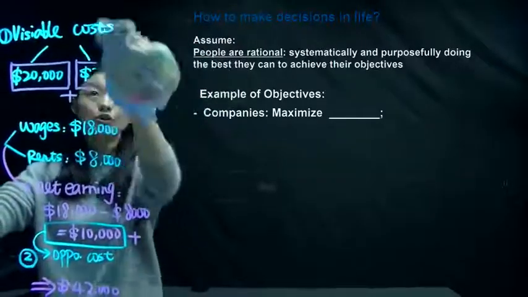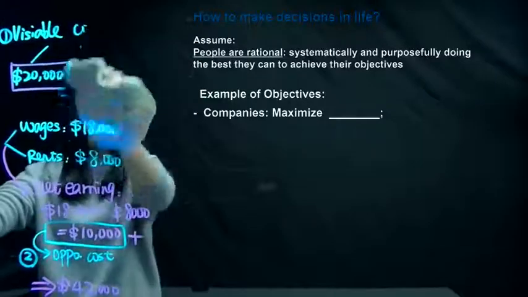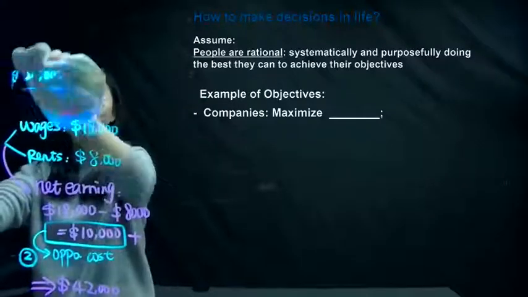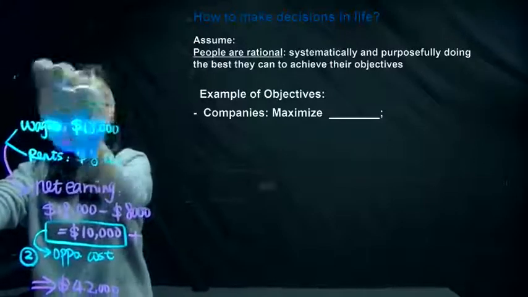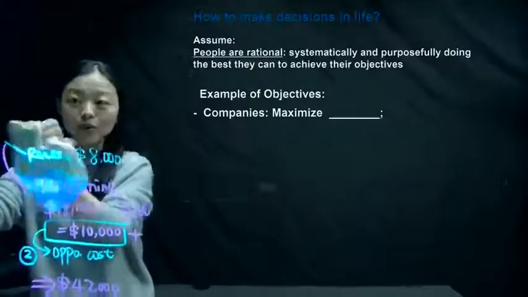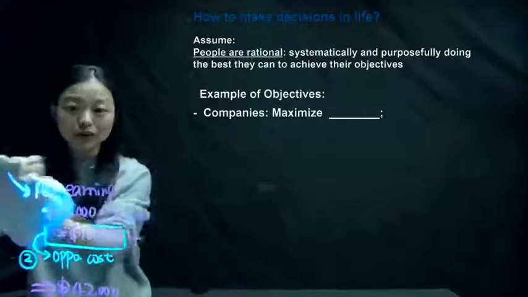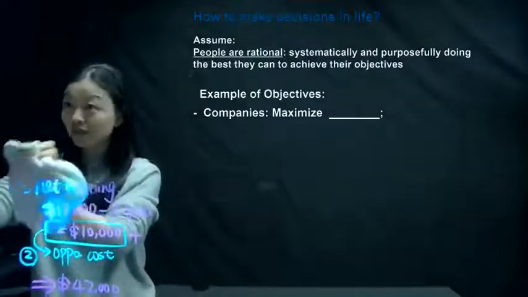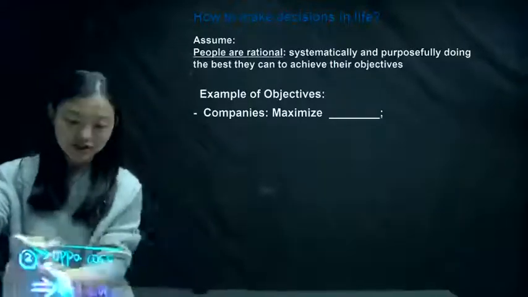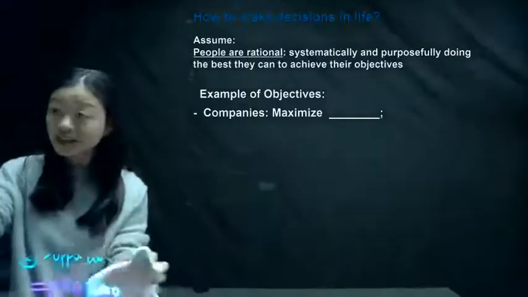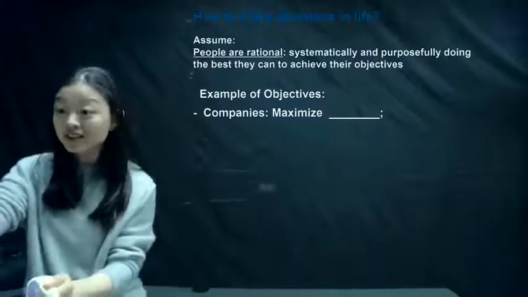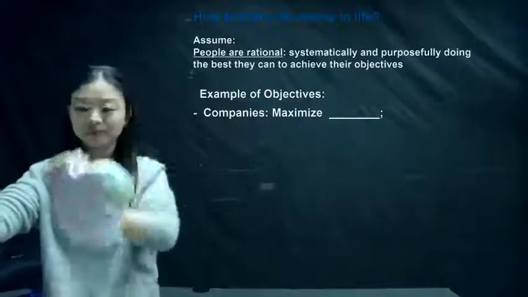A company will always try to maximize their profits, right? And then they will try to minimize the cost, right? So this is what we assume in economics as well. We assume that people will also try to maximize their profits and minimize the cost. Therefore, when people make decisions, we will always choose the decisions with the lowest cost. Okay?